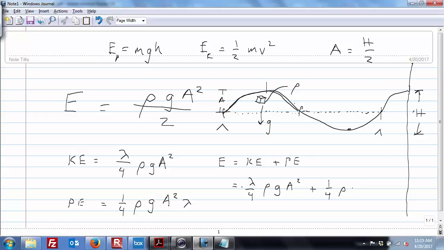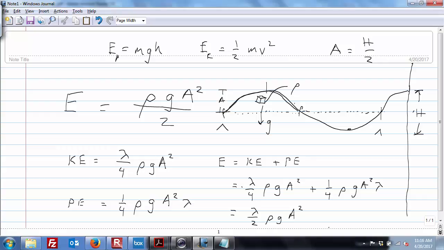Of course, you're seeing the stunning conclusion here, but that just comes out to be energy equals lambda over 2 rho g a squared.